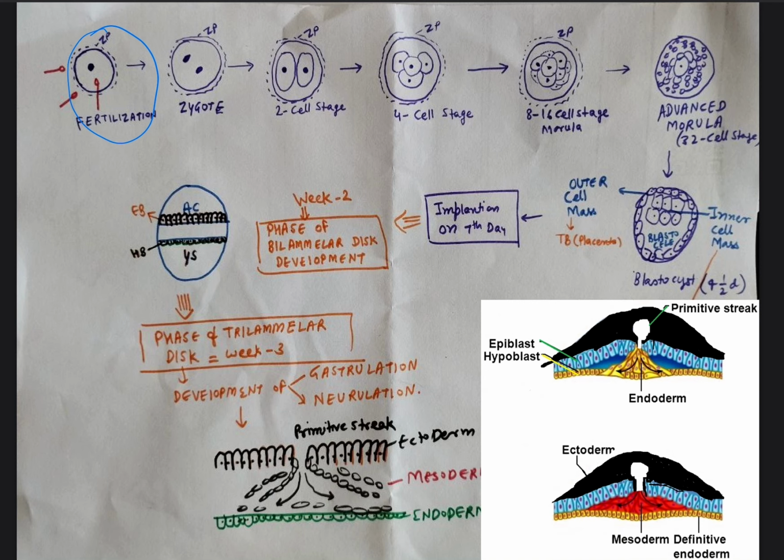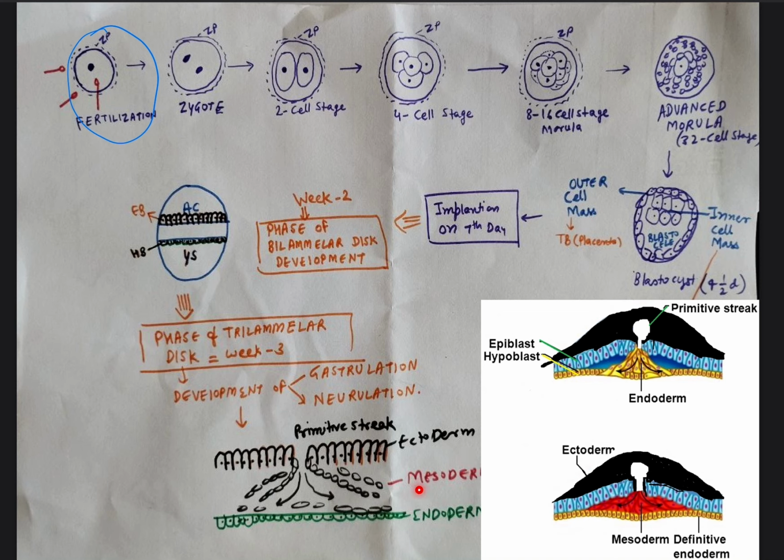This endoderm is toward the yolk sac, which will form the GIT in future, while this ectoderm will form the neural plate, from which the spinal cord and brain will develop. At the mid layer, which is known as mesoderm, our area of focus is this mesoderm.